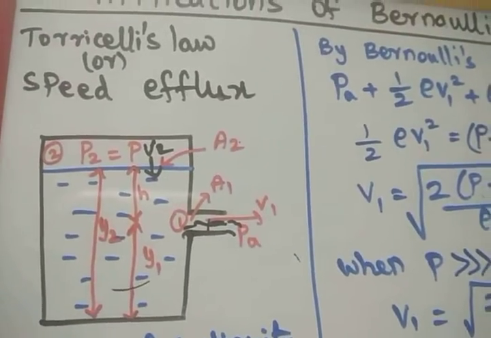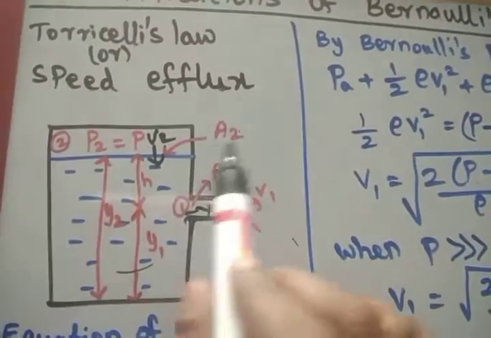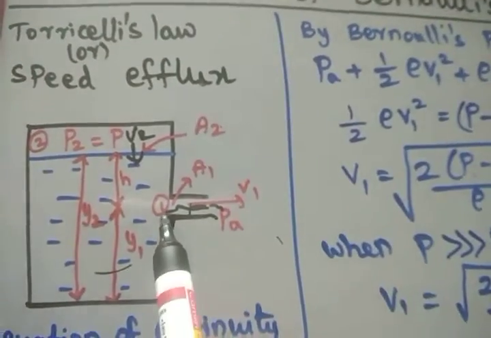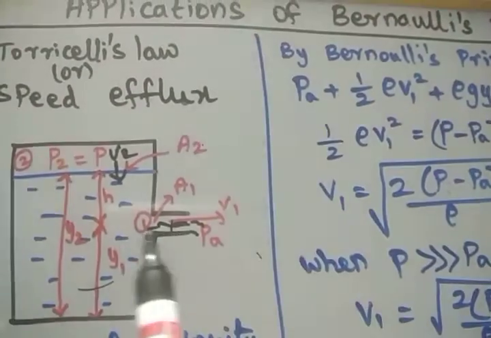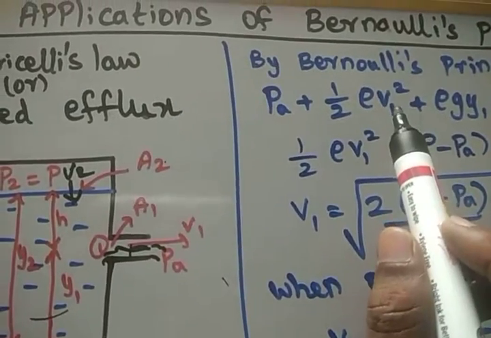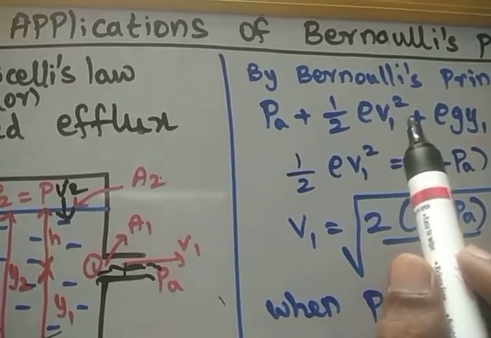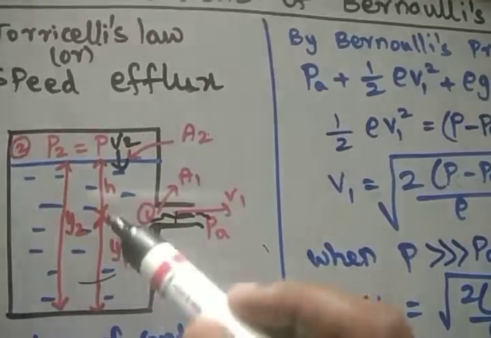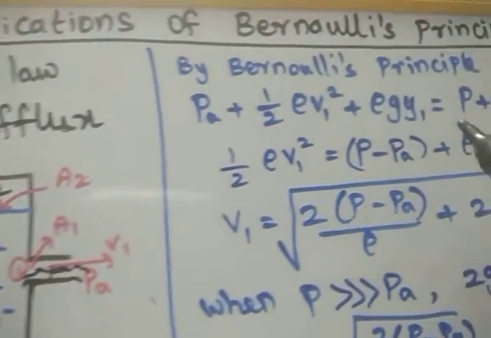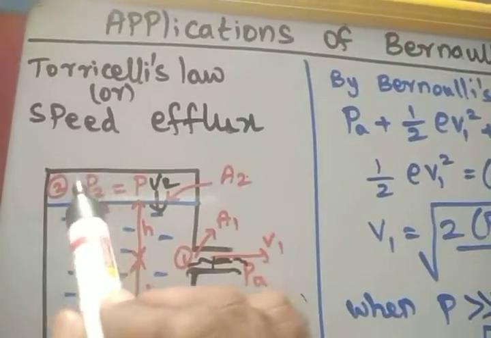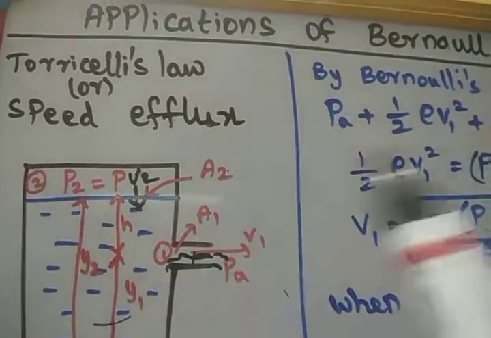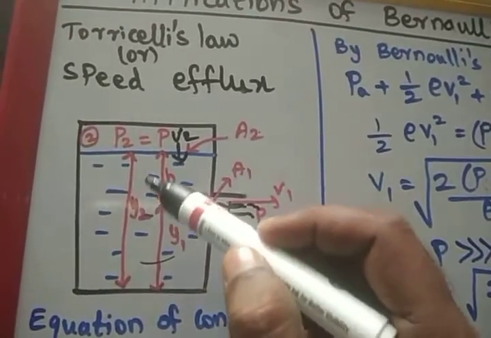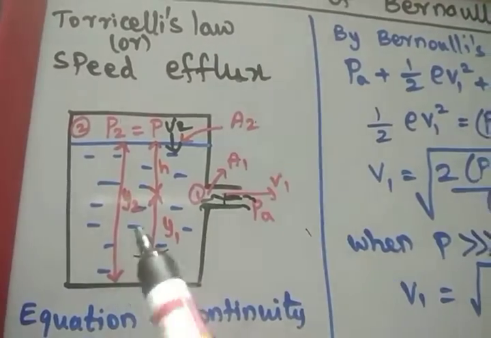By applying Bernoulli's principle at the first position and at the second position: at the first position the pressure is PA and the velocity is V1, so half rho V1 squared plus rho g h, where the height is Y1, is equal to the pressure P at the second position plus rho g h, where the total height is Y2.